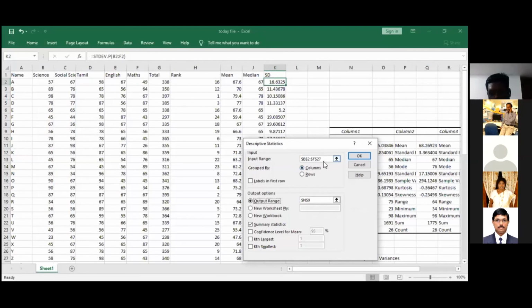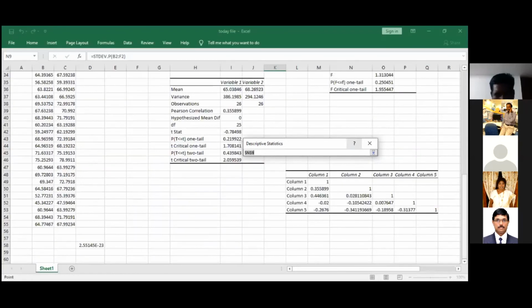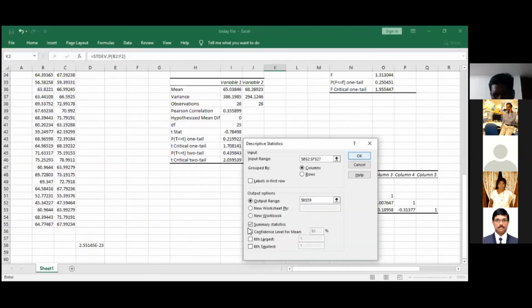B2 to F27 for the input range, then the output at N9. N9 already has data, so I change the output to K59.